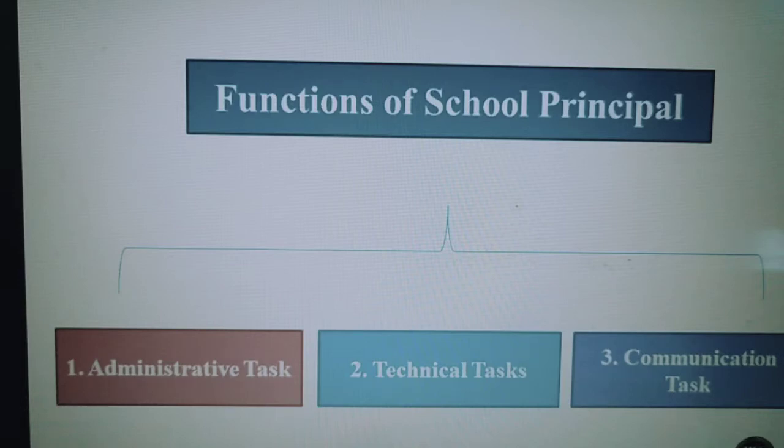A school principal will mainly focus on three tasks in terms of leading an institution or school. Number one, he works on the administrative tasks, number two, he works on the technical tasks, and also communication skills.